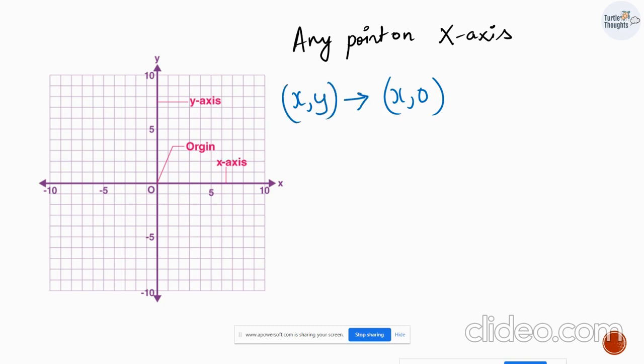But any point on the x-axis can be written as x comma 0, because what do you observe? Any point on the x-axis, the value of y is 0. Similarly, any point on the y-axis, it can be written as, any idea?